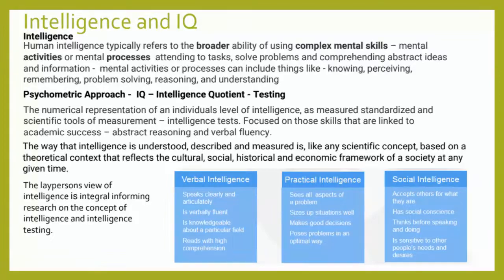Okay, so it's those mental activities and processes which include things like knowing things, perceiving things, remembering, problem solving, reasoning, and understanding. So it's not a narrow focus. Intelligence is a broad concept, and it's using complex mental skills, activities and processes.